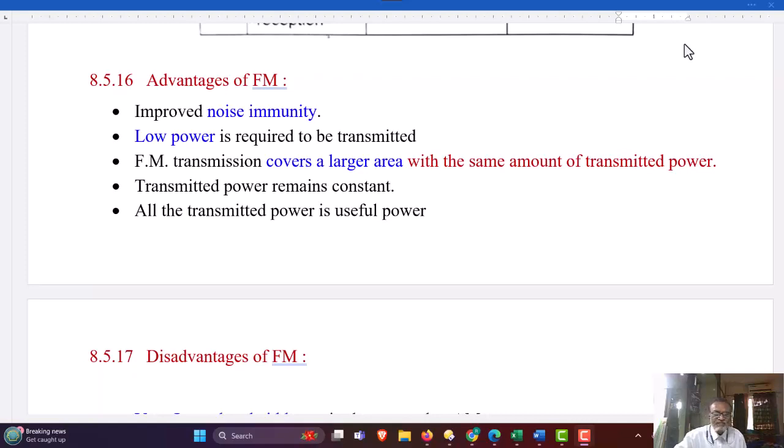Whereas in AM, the information is contained in the sidebands, while the carrier signal present in the AM modulated signal is an unwanted signal, which is just a wastage of power because it doesn't contain any information. And therefore, compared to AM, in FM, all the transmitted power is useful power.